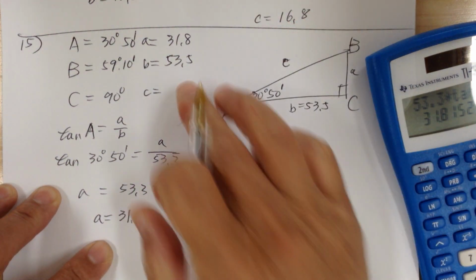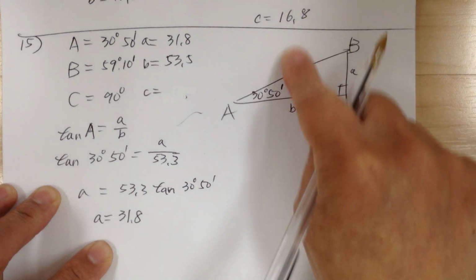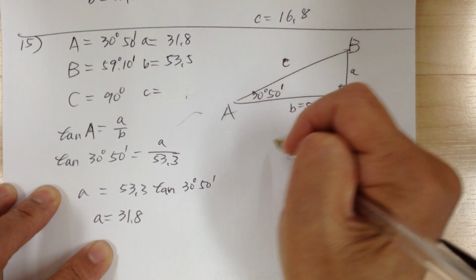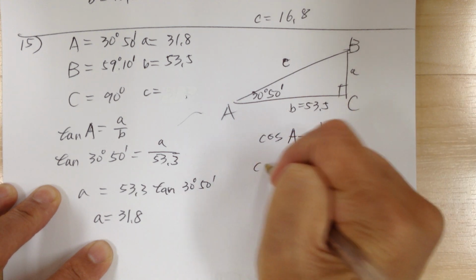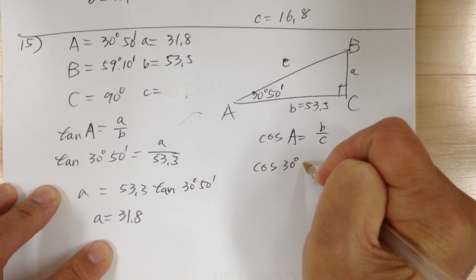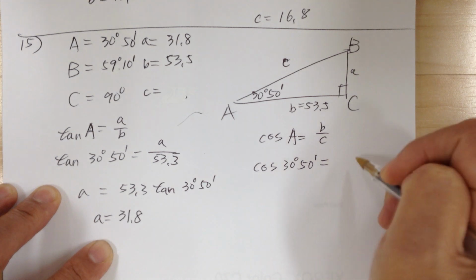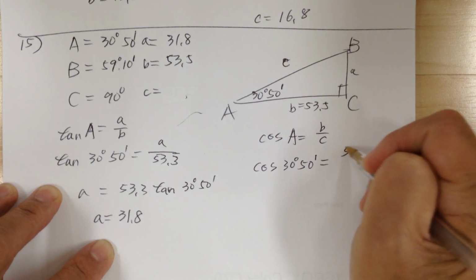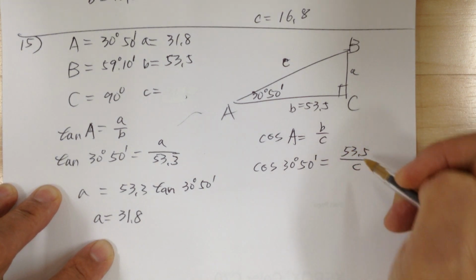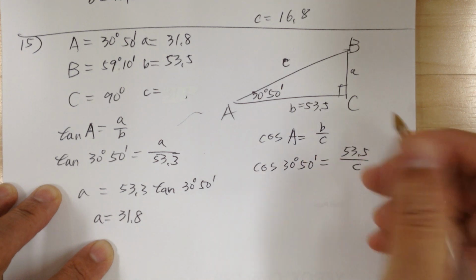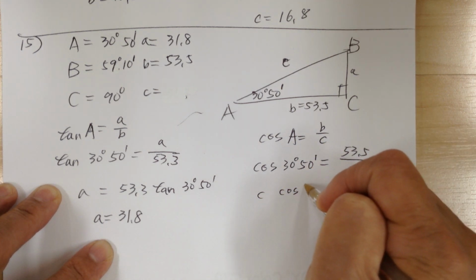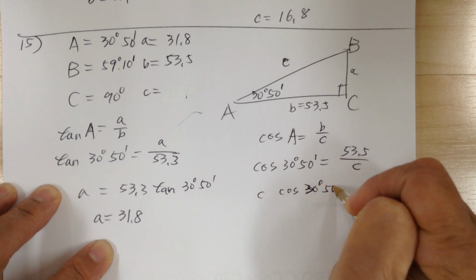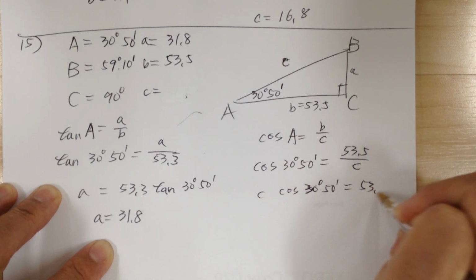To find C, this is a cosine function. So cosine of A equals b over c. So cosine of 30 degrees and 50 minutes equals 53.5 over C. So cross multiply. C cosine of 30 degrees, 50 minutes equals 53.5.